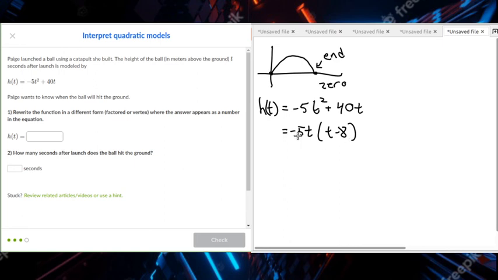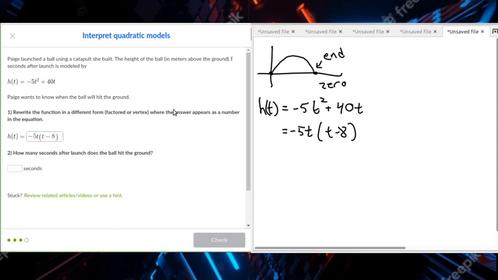So pull a negative 5 out of here, and a negative 5 out of here. Pull the t out. Got t minus 8. So let's go ahead and get that. Negative 5t times t minus 8.